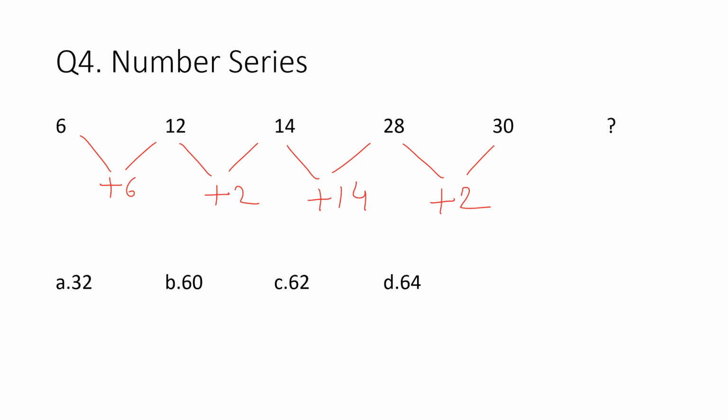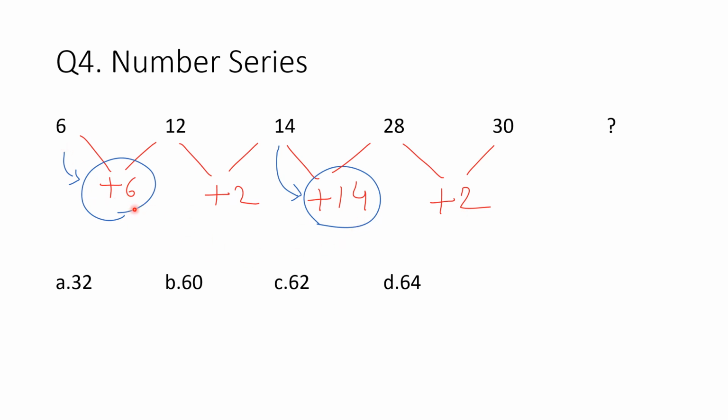So if you give a little thought to it, आप ये देखो कि ये जो plus 6 है, ये 6 में ही add हो रहा है, plus 6, तो 12 बन रहा है, then plus 2, 14 बन रहा है, 14 में ही add हो रहा है 14, 28 बन रहा है, and then plus 2, right? So ये जो दो numbers add हो रहे हैं वो actually वो ही numbers हैं.